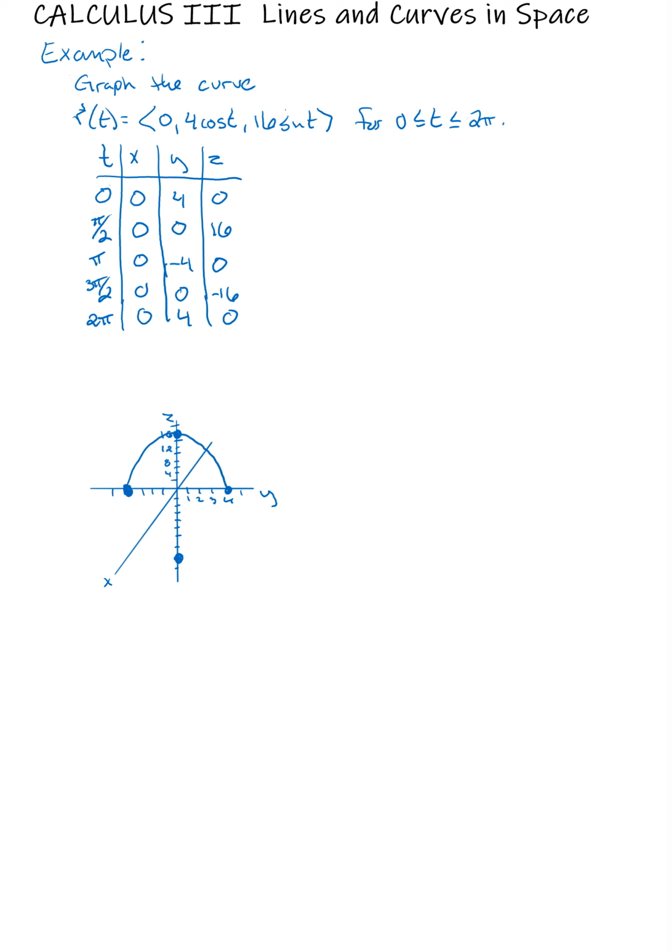My lack of artistic ability is showing. Well, it looks like what we have is an ellipse that exists only in the YZ plane. So it's always a good idea to identify what it is you're looking at. So we have an ellipse in only the YZ plane. Well, enjoy!